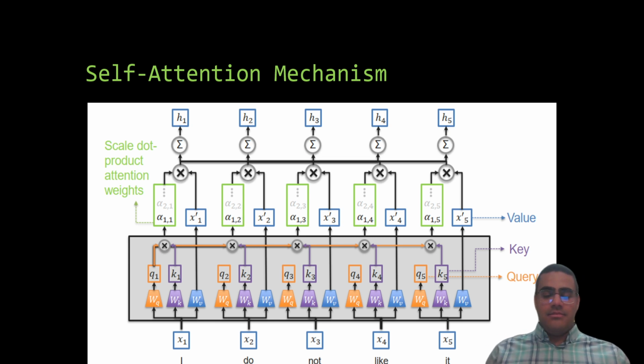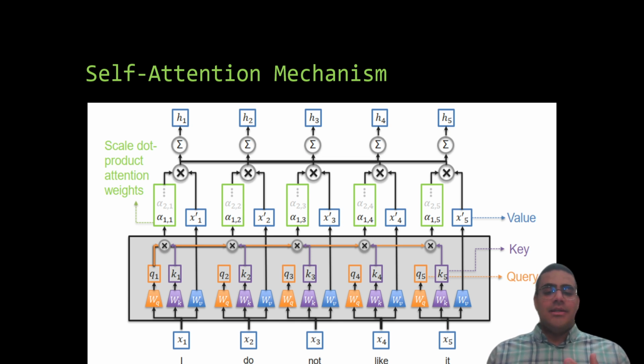Basically, it has three matrices: the query matrix, the value matrix, and the key matrix. And it dedicates to each of the tokens, or each of the patches, a single query, key, and value vector.